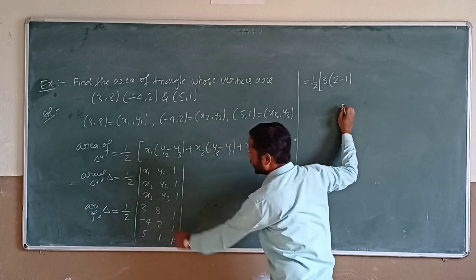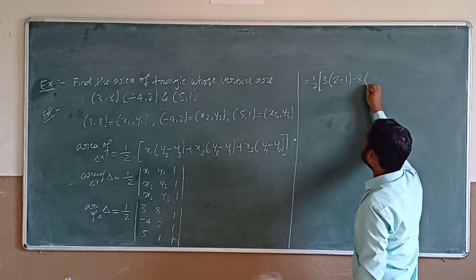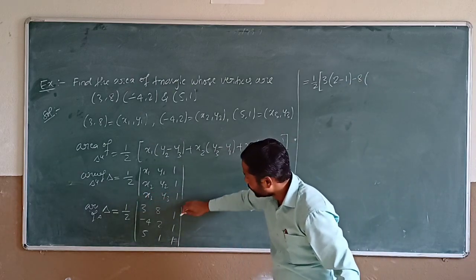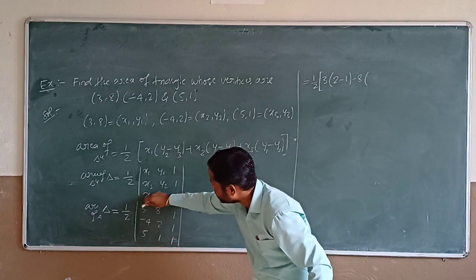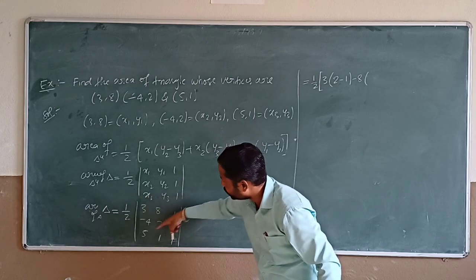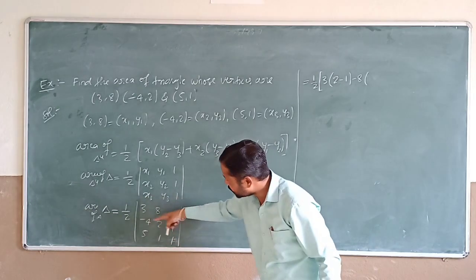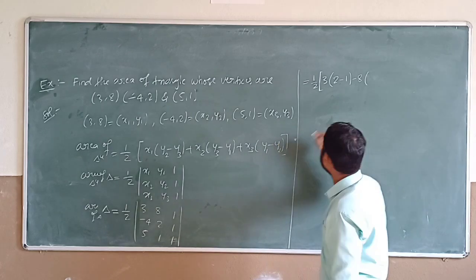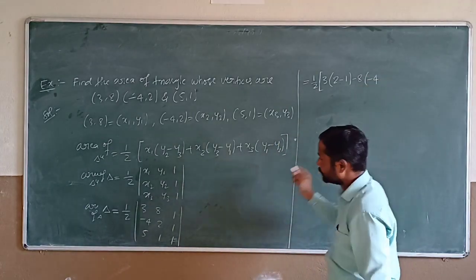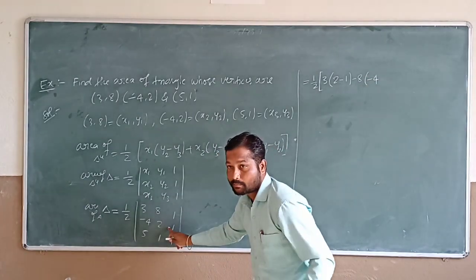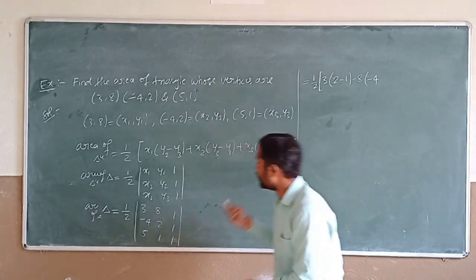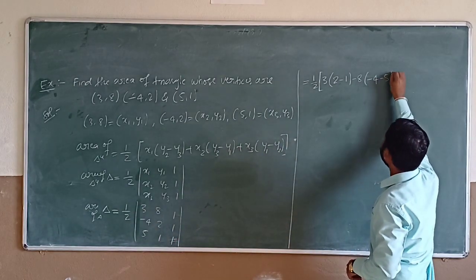The A12 element is negative, so minus 8 into, deleting the first row and second column, the elements are minus 4, 1, 5, 1: minus 4 into 1 is minus 4, minus 5 ones are 5, that is minus 5, right?